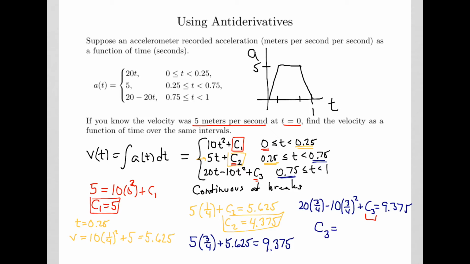Alright, so when I did this, I found C3 equals 0, and something wasn't right. I went back and I looked through my earlier results, and I see that I made a mistake. So when I found my C2 of 4.375, I should have used it in my place of C2. That was a mistake. So let's fix that work.